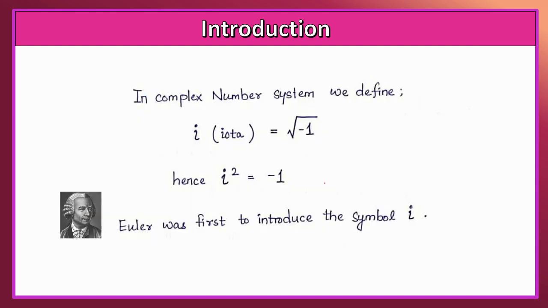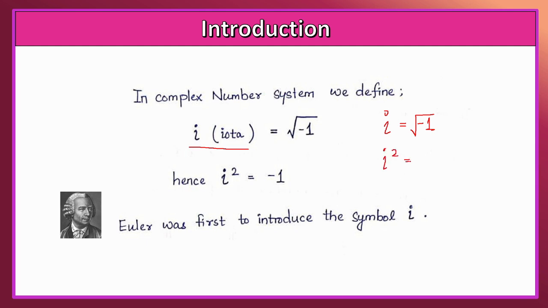Now, in the complex number system, we define i, which is called iota, as root over of minus 1. So if anybody asks you what is the value of i, you will tell i equal to root over of minus 1. So what will be i square?